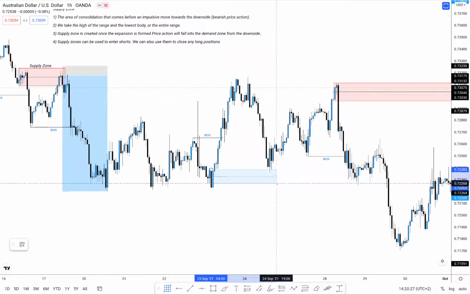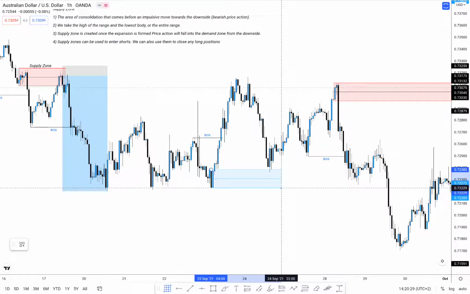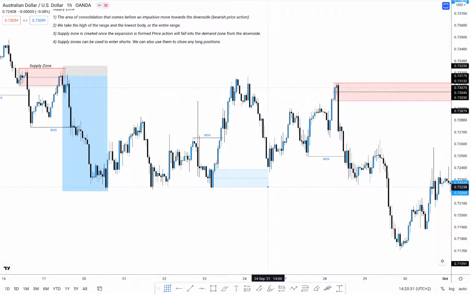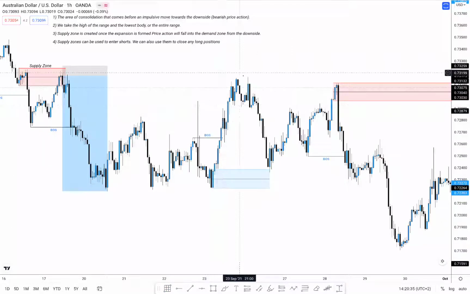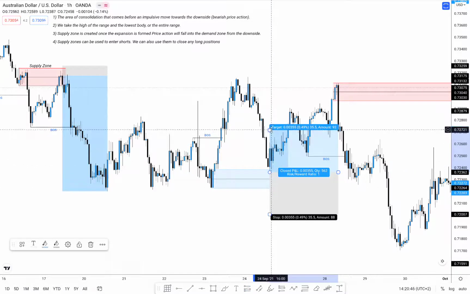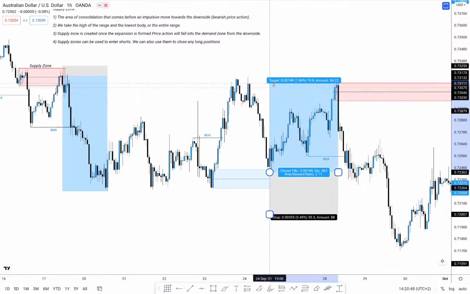We mark the high of that range, or the highest candle body, and the low of the range, which is obviously there. Bam. And then from there, price breaks structure impulsively. You can see big body candles leaving wicks behind. From there, what happens, guys? Price returns into our demand zone from the upside, and we can target the next high, right?